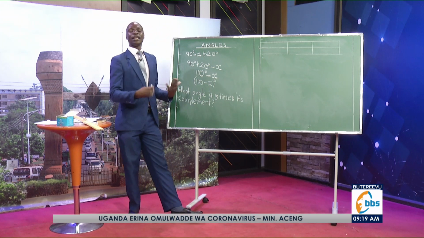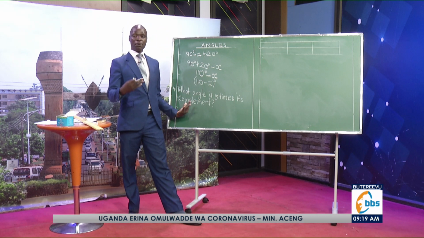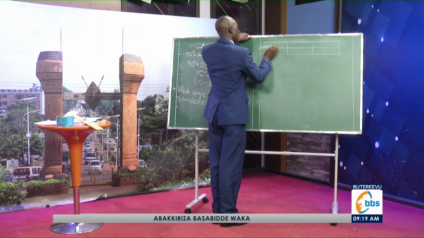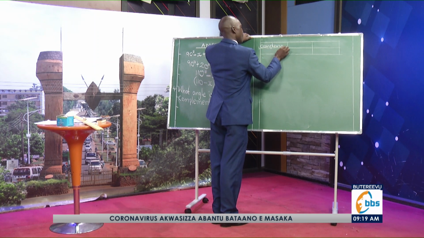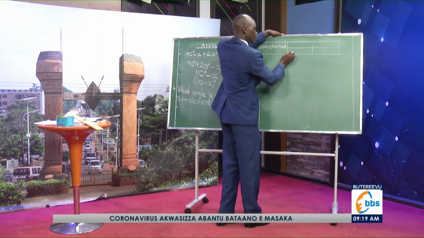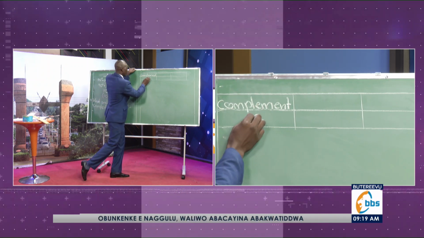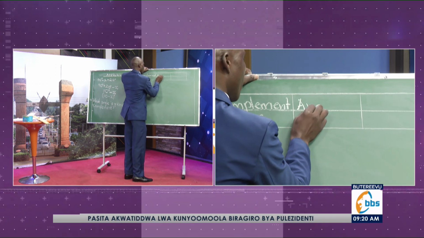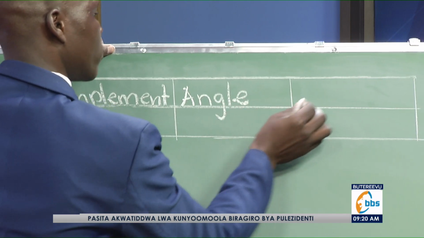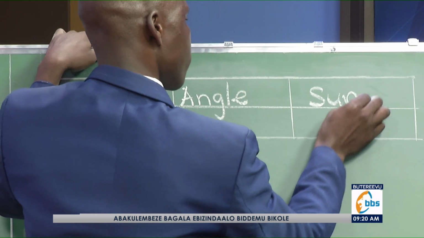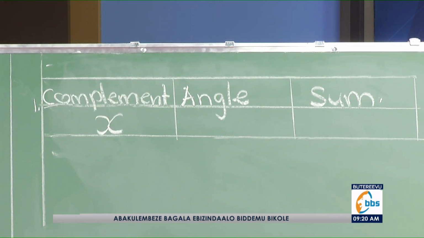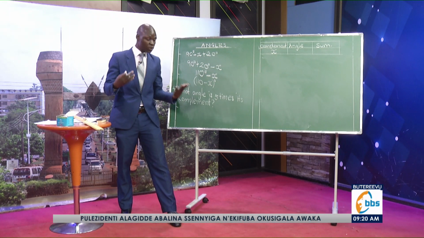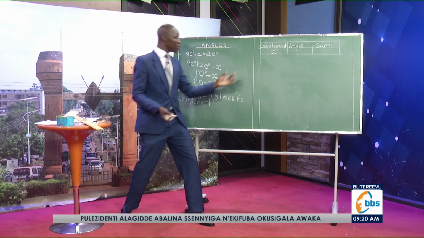So we can let its complement be x, because we don't know its complement.